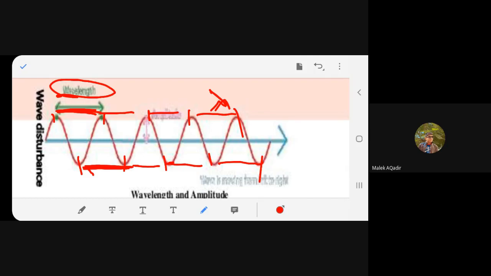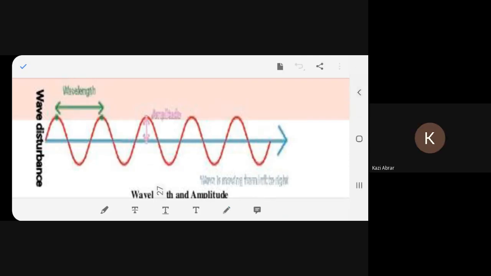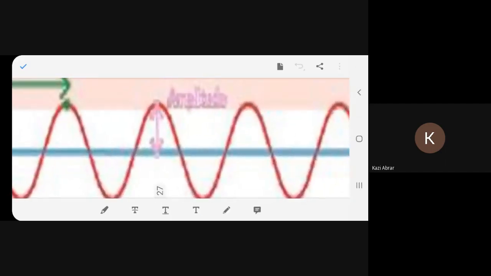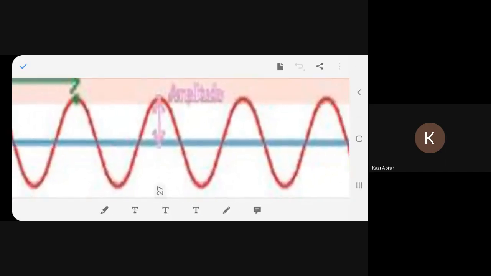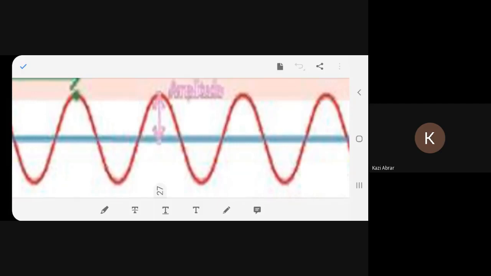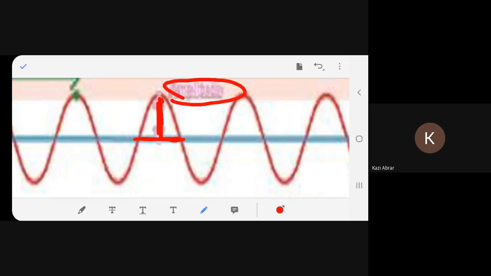Hello? Yes. Now what is amplitude? Amplitude is this one. You take the maximum length from the mean. This is amplitude. Now, I can take it here also, anywhere.